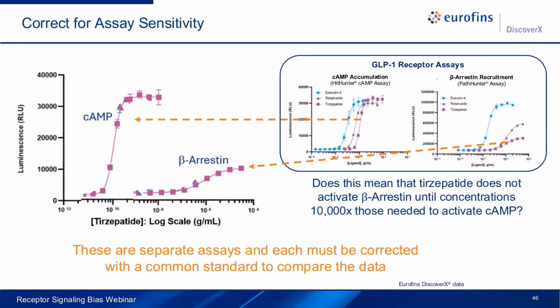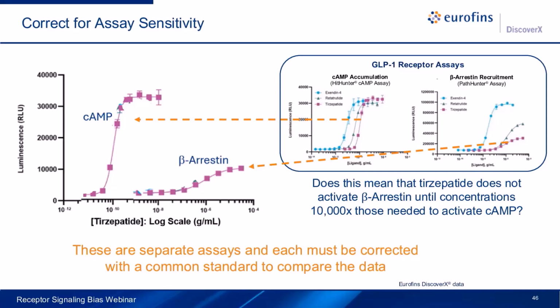So how that shows up, for example, here we have the Eurofins data, cyclic AMP, this is for tirzepatide, and beta-arrestin, and I simply put the curves on a common axis.